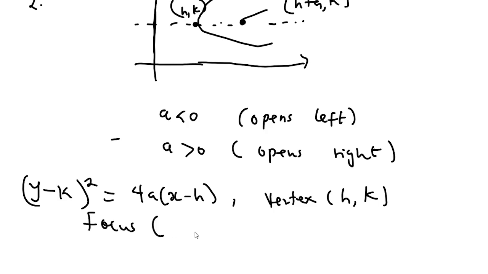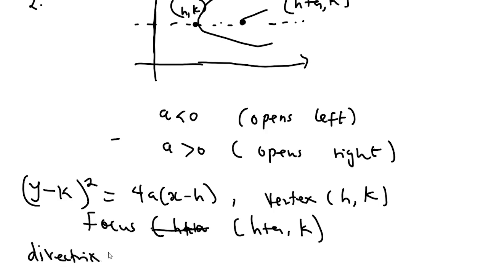Our new focus, when it's in this form, is going to be (h plus a, k). Then the directrix will be x equal to h minus a.